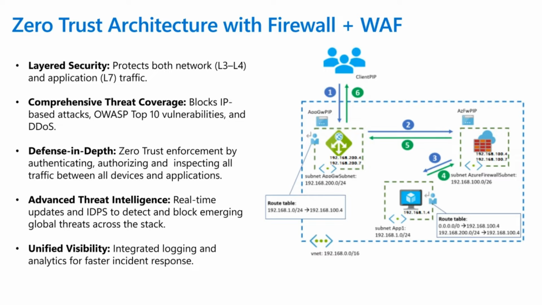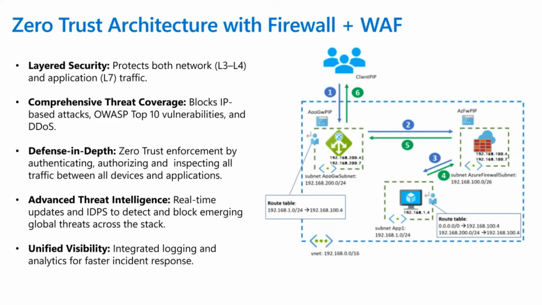By enforcing zero trust, every interaction is authenticated, authorized, and rigorously inspected, whether it's between devices in your network or applications in the cloud. Advanced threat intelligence further raises the bar. Built-in updates and intrusion detection and prevention systems provide the latest protection against rapidly evolving global threats. And the most important aspect here is unified visibility.